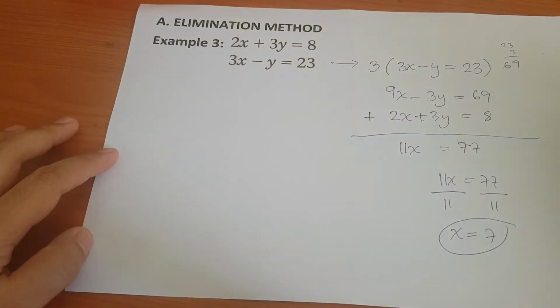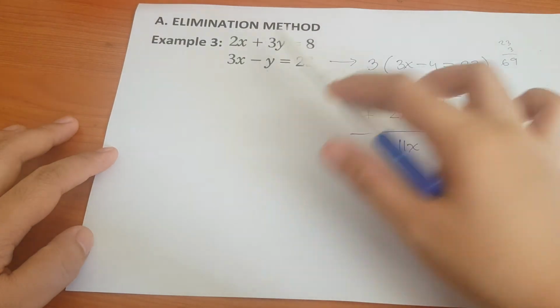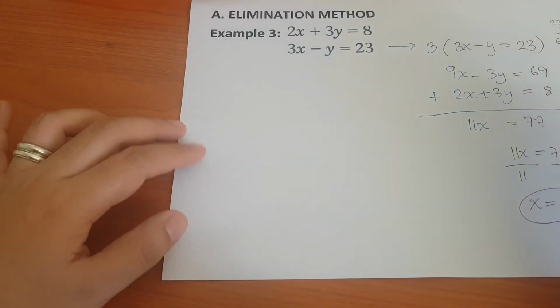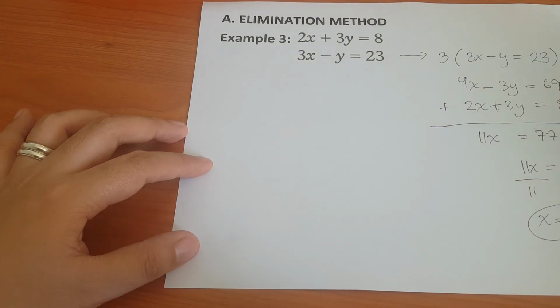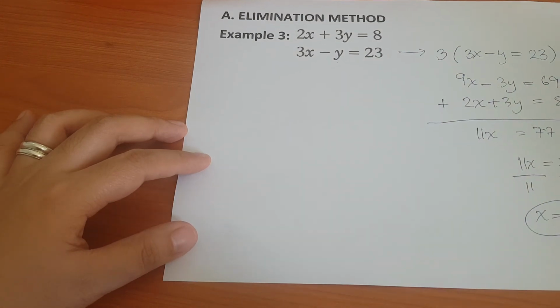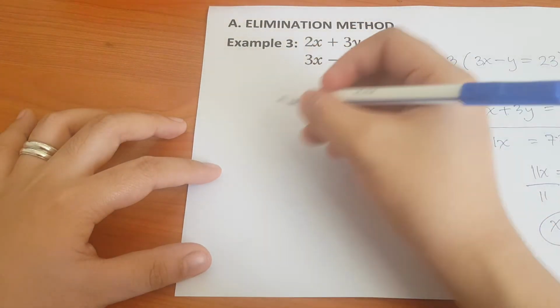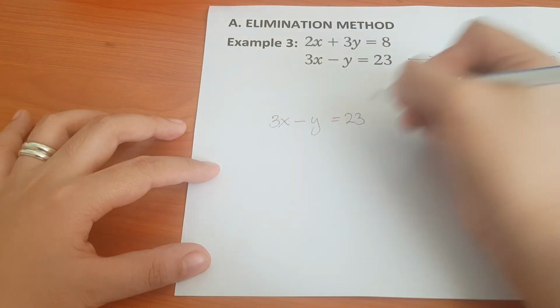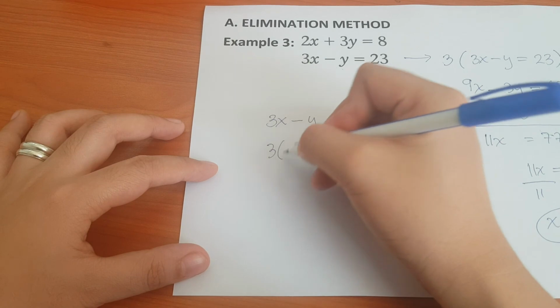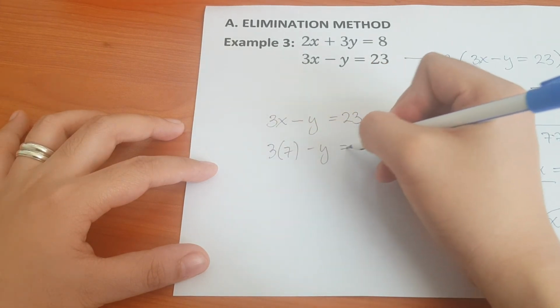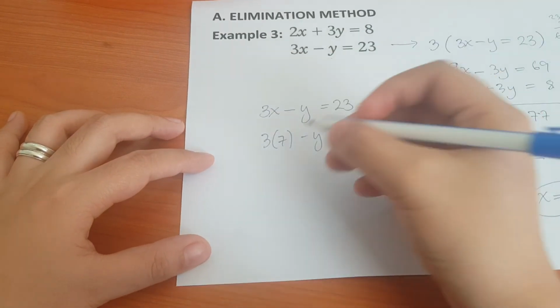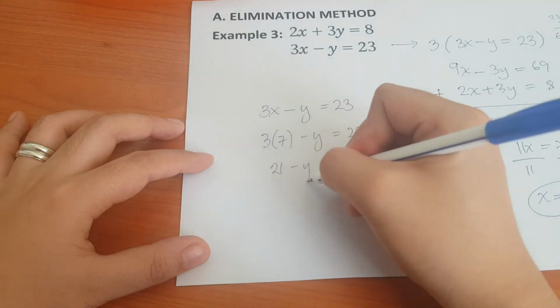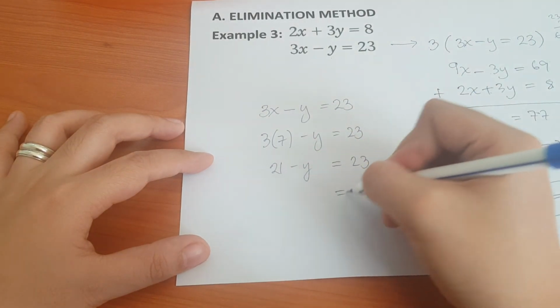Now to solve for the value of y, you can choose the second equation or the first one, whichever you would like. First one or second one? Okay, for a change, let's use the second. So x is 7. So this will be 21 minus y equals 23.